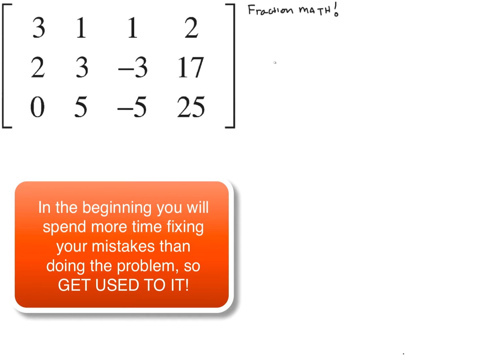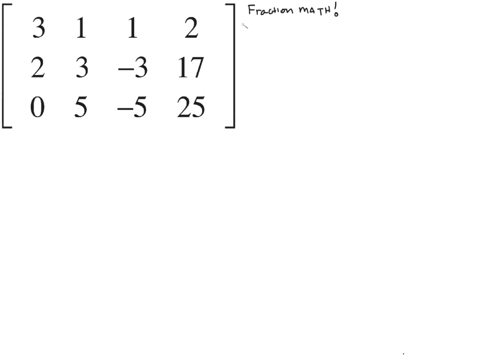So let's go ahead and let's get started real quick, okay? So the first operation we do here is, remember I already showed you this a little while ago, but I really don't want to divide that by 3. Remember, our goal is to get a 1 up here.